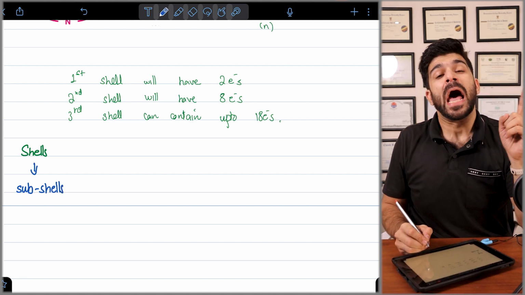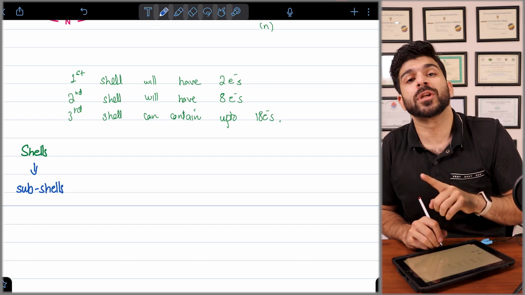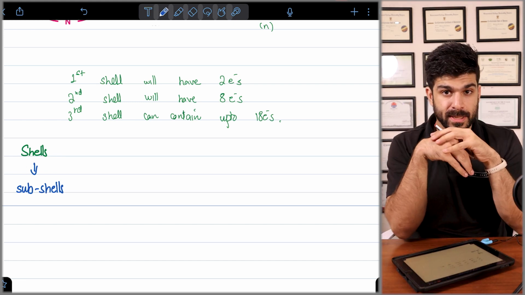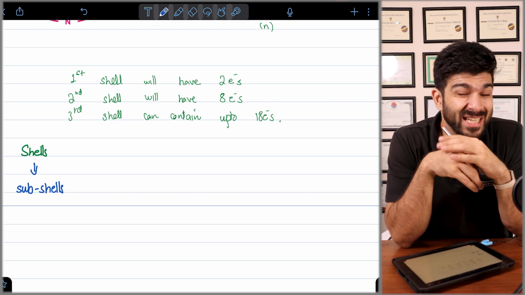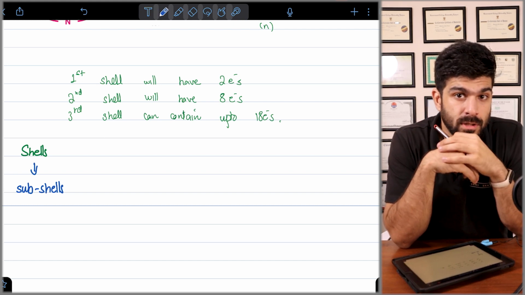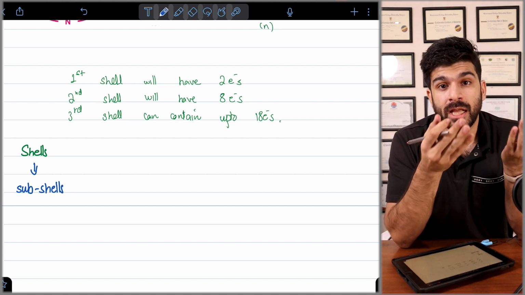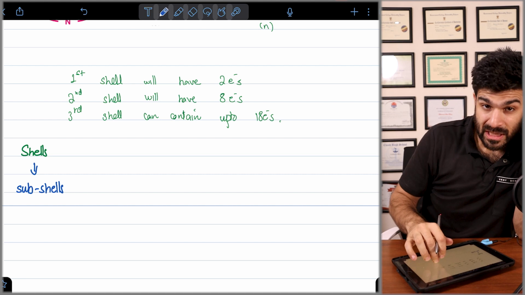Every shell has one or more than one subshells. Why am I saying one? Let's talk about that. But first, we need to talk about the types of subshells. There are 4 types of subshells that you will study about. But let's first name them.